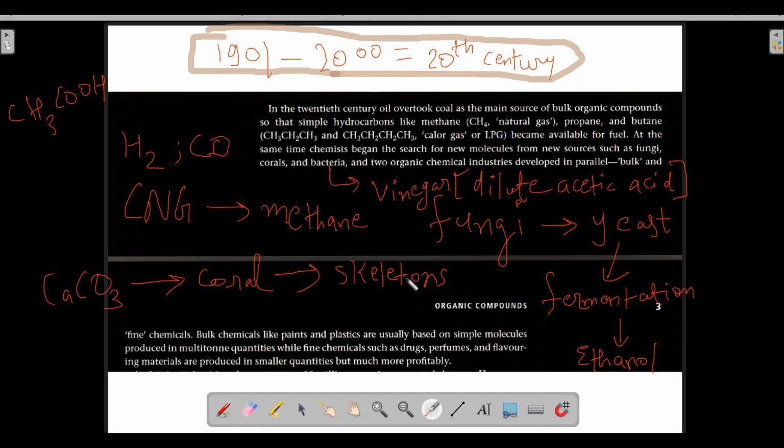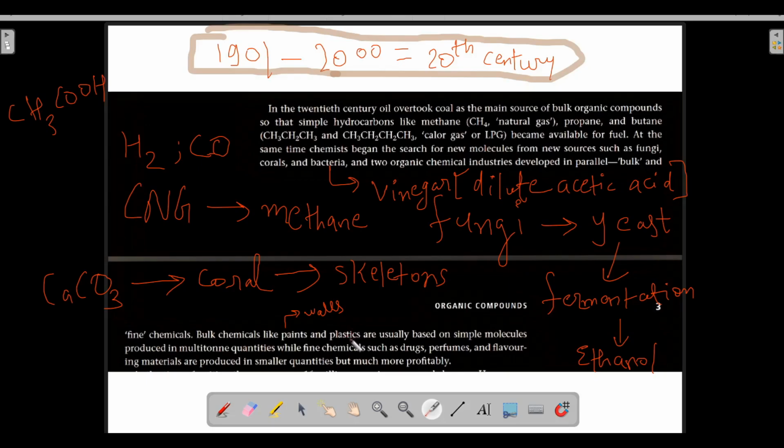So, bulk chemicals like paints and plastics. Plastics means polymers like polystyrene, and paints are also polymers. For example, we need to paint the walls of buildings, so paints are required, and plastics like polystyrene are needed for packaging and for preserving food.